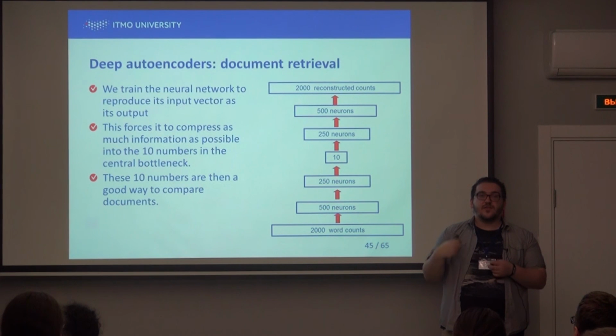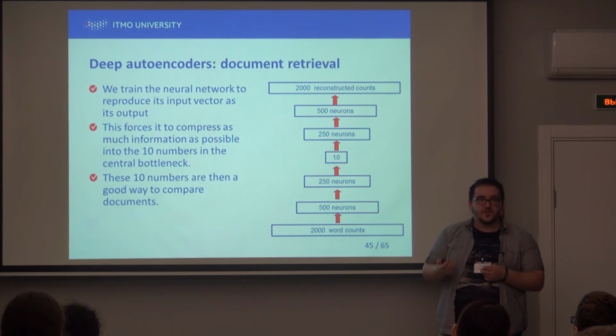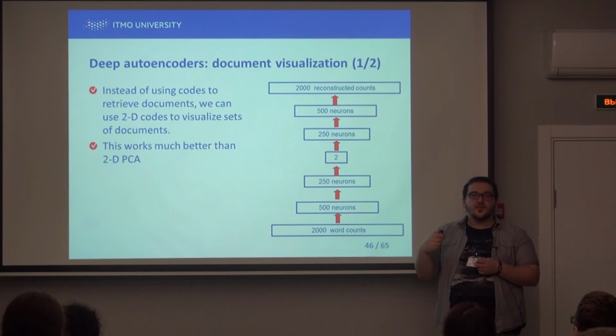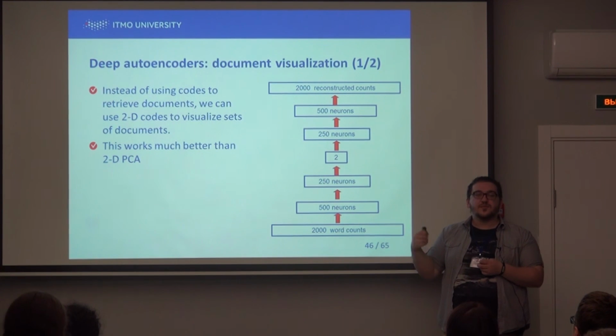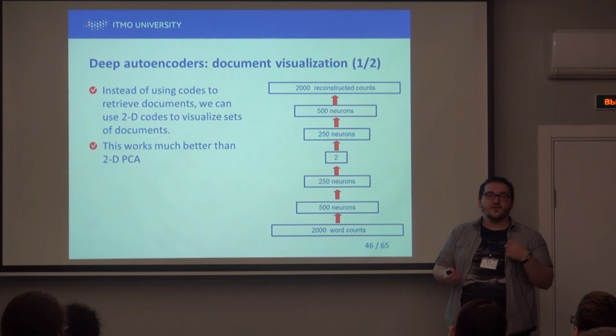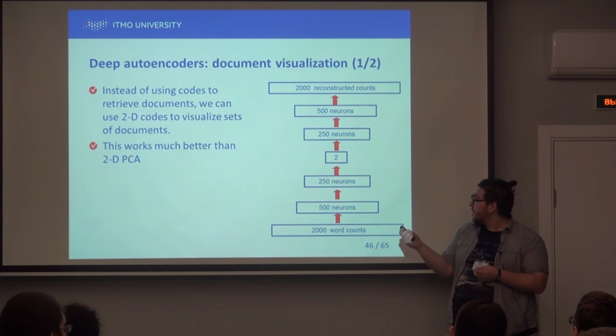So we have a very compact and smooth representation for documents. Using this for representing the documents, we have results which outperform well-known algorithms for dimensionality reduction.